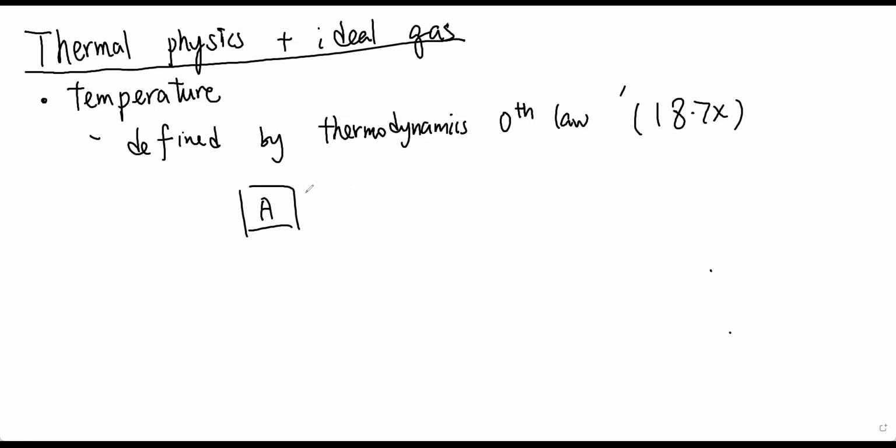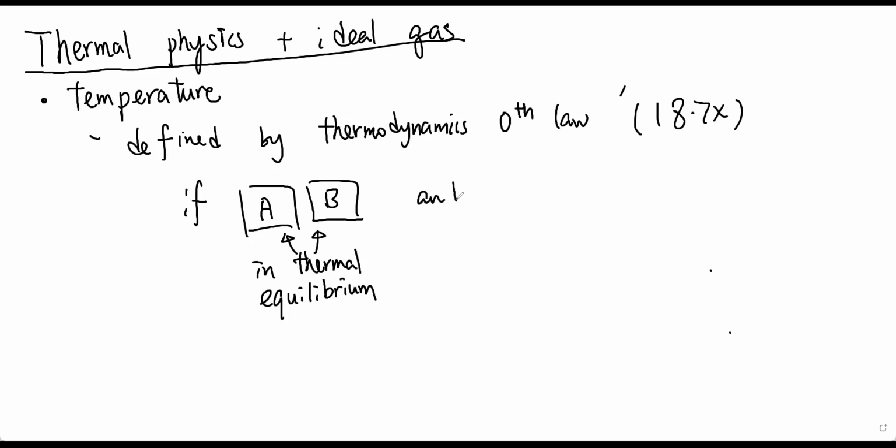This law says that if A and B are in thermal equilibrium, and if B and C are in thermal equilibrium, then A and C are in thermal equilibrium. In chemistry, you have learned about chemical equilibrium. What does it mean by thermal equilibrium? That means when they touch each other, there's no heat or energy transfer from one to another.